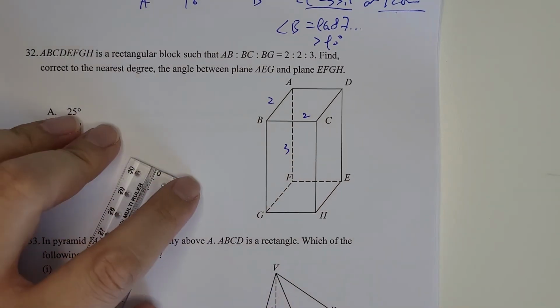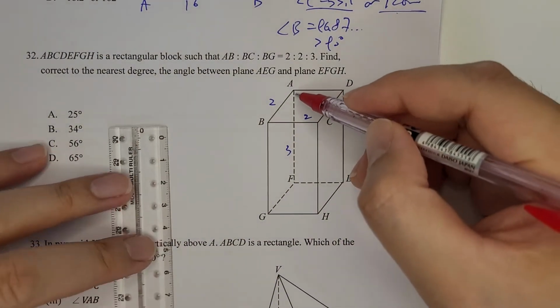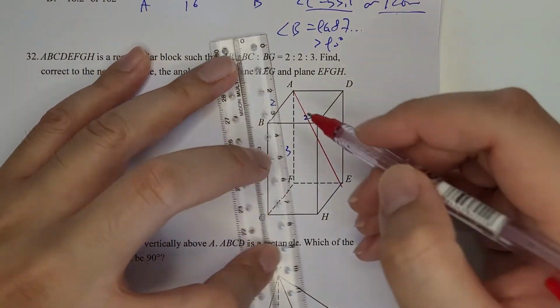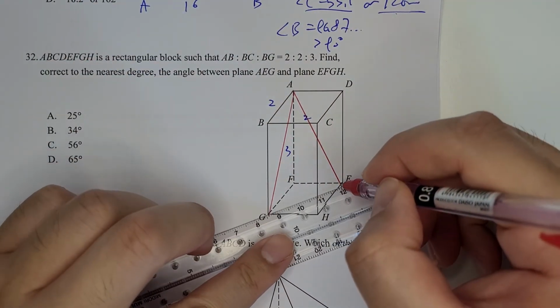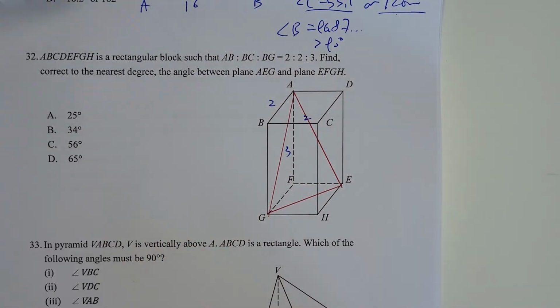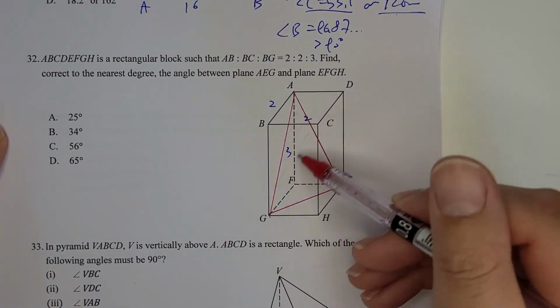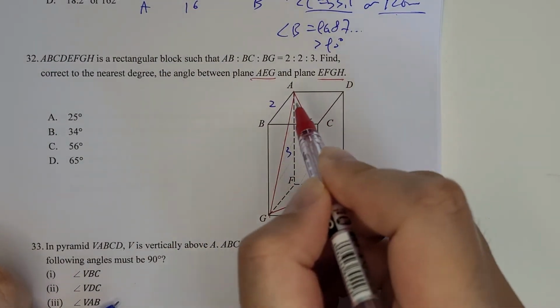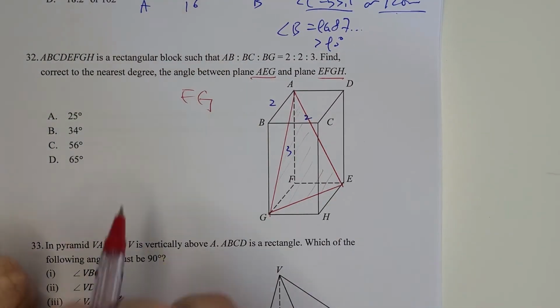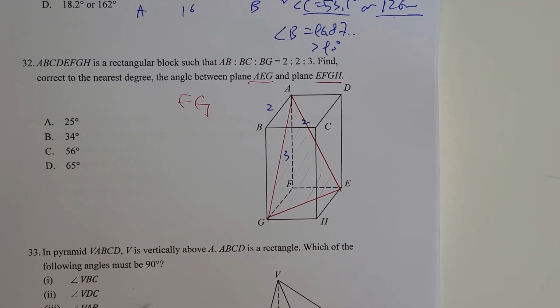So let's draw the plane AEG. It's something like this. AE, AG, and then GE. The first thing you need to do is find the common line of these two planes. That is EG, actually. Okay?